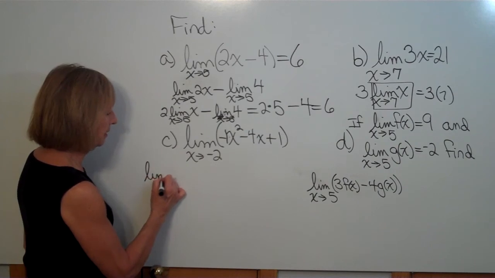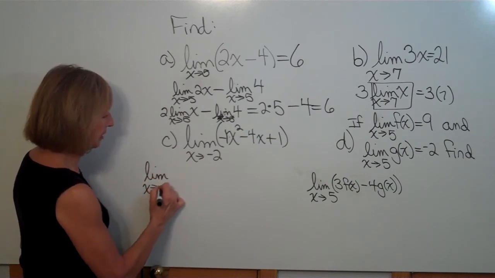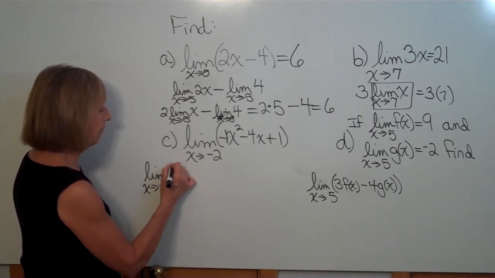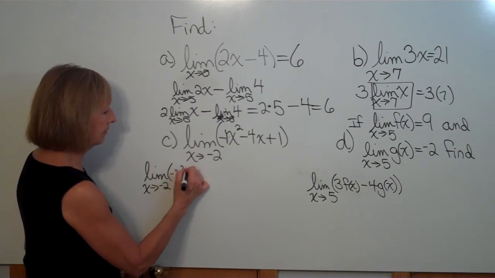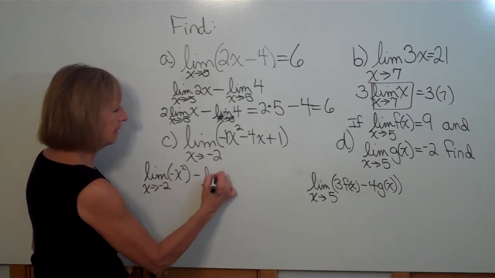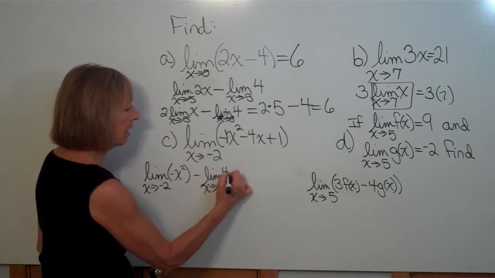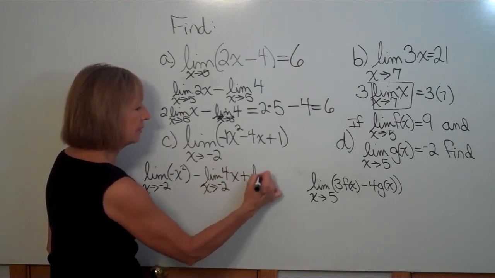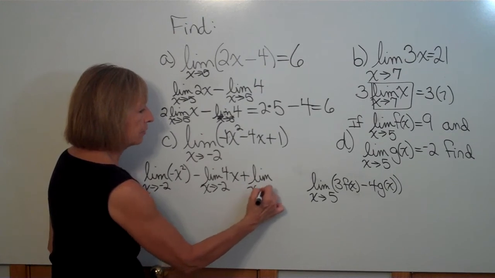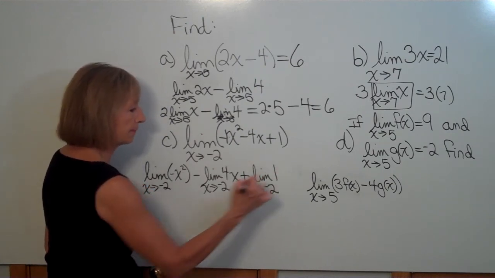So this is the limit as x approaches negative 2 of my negative x squared, minus the limit as x approaches negative 2 of my 4x, plus the limit as x approaches negative 2 of 1.